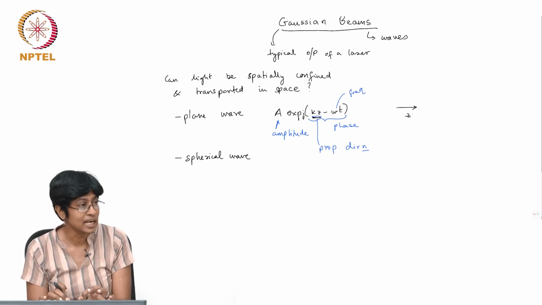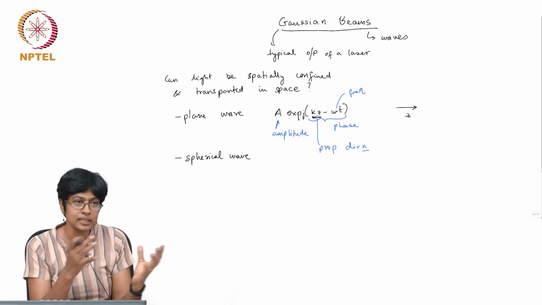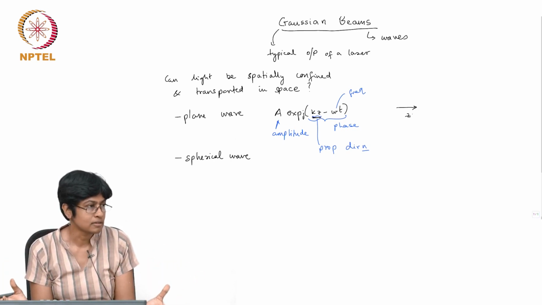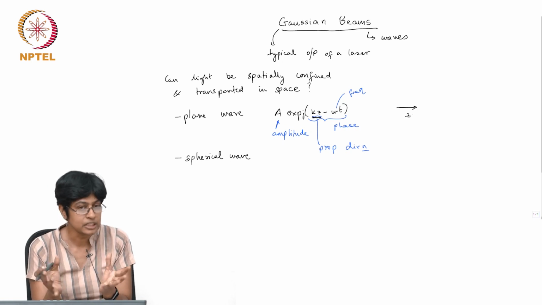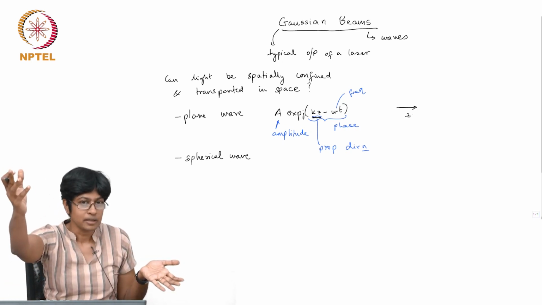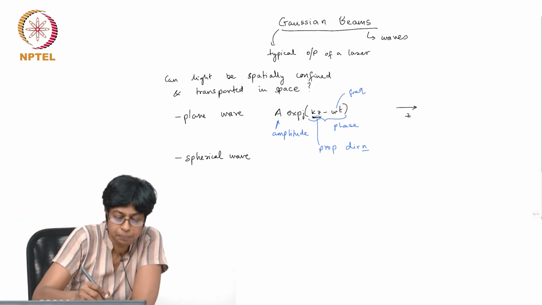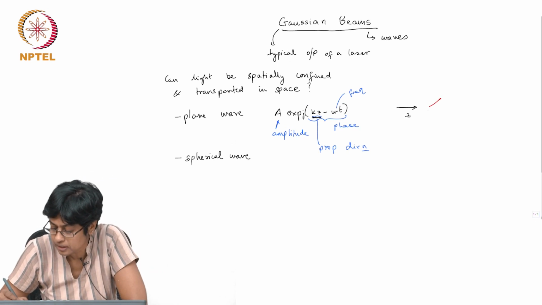I can never realize this exactly, because the amplitude, if you see, there's no specification on what is the relationship between the amplitude and the transverse coordinates x and y. So if you look at this expression, it's actually saying this amplitude A spreads out infinitely. So you might have seen pictures of a plane wave, and you may have seen it drawn something like this, right?